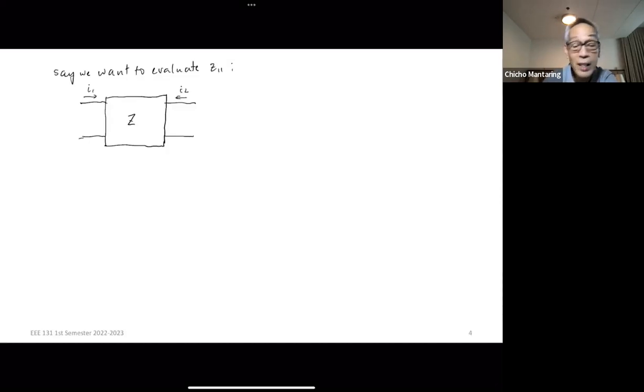What I'm going to do is place a test voltage here, which I will call V1. So this is a test voltage.